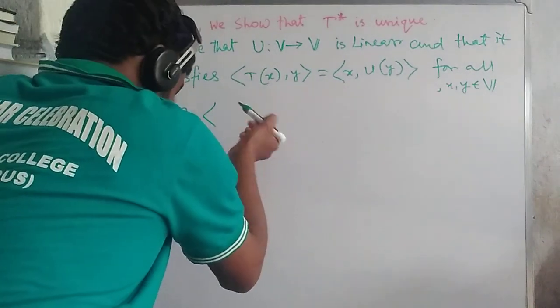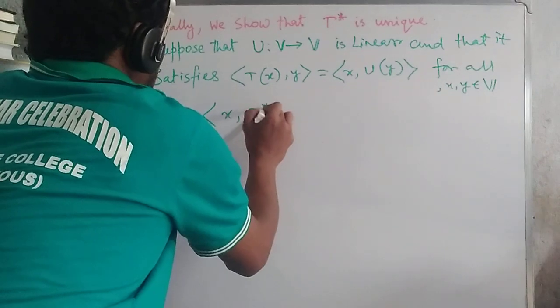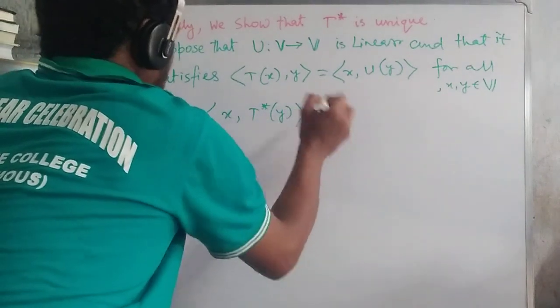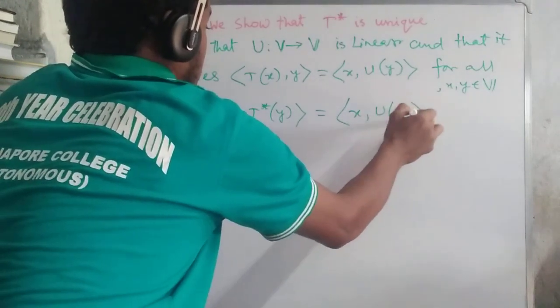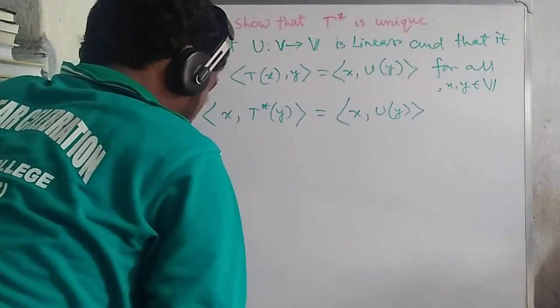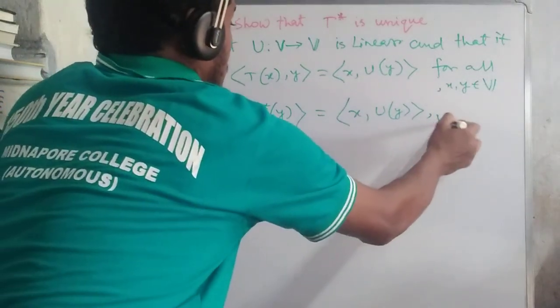Then ⟨x, T*(y)⟩ = ⟨x, U(y)⟩ for all x, y belongs to V.